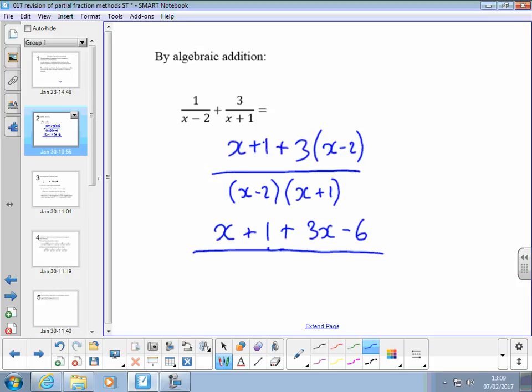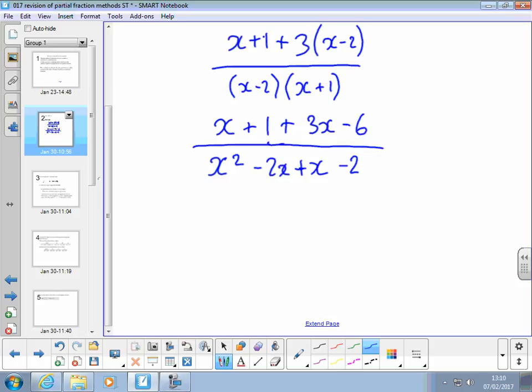And multiplying out the bottom, we get x squared minus 2x, we've done minus 2 times x, yeah, plus x minus 2.